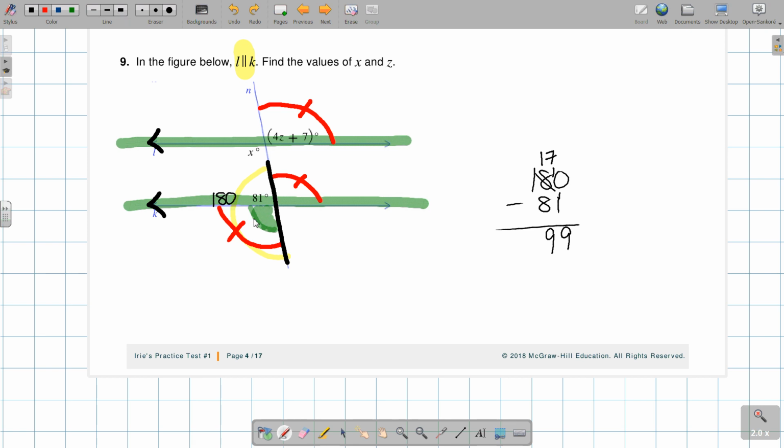Okay, you should have gotten 99 here. So come over here, that means this is 99. And watch very carefully, armpits of the Z. If this is 99, this is also 99. You just found X. X is going to be 99.